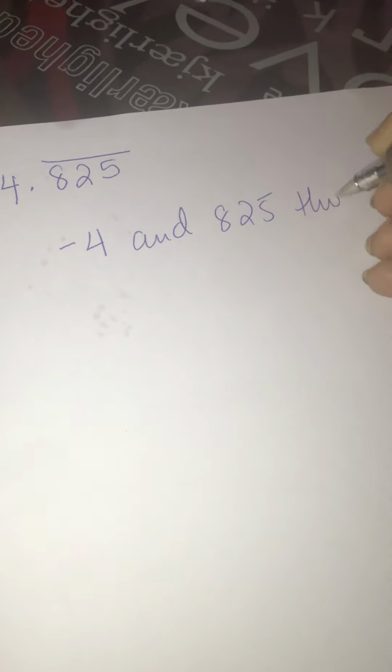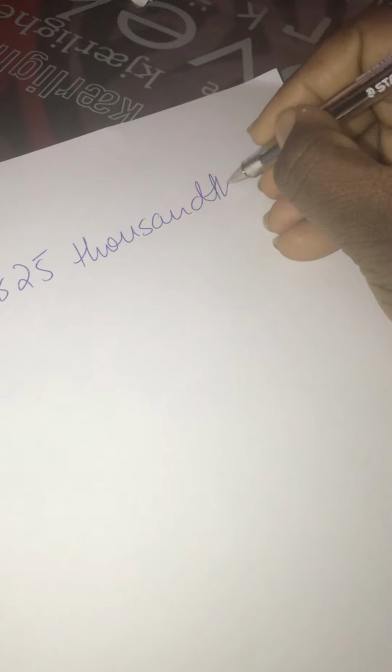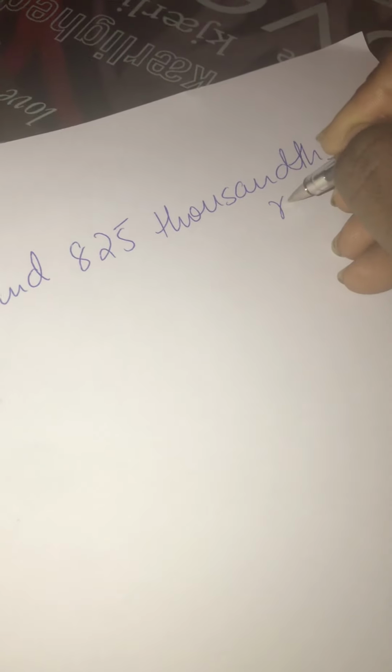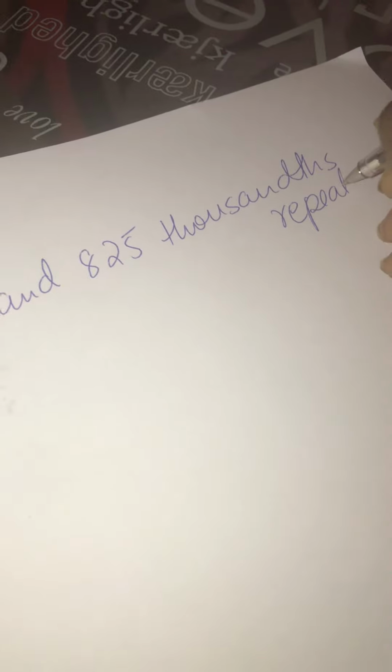Negative 4, 825 thousandths. So this is negative 4 and 825 thousandths repeating. Please don't make the mistake like me, and you are going to. See? It's good I checked my work.